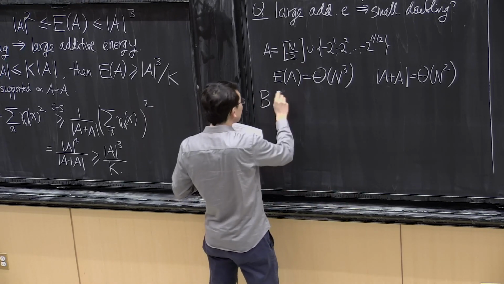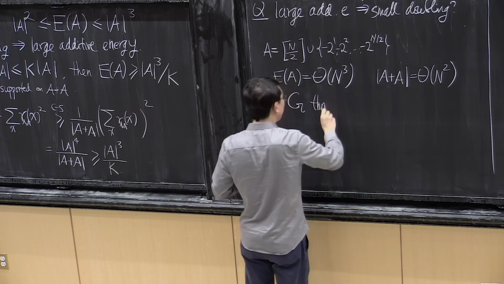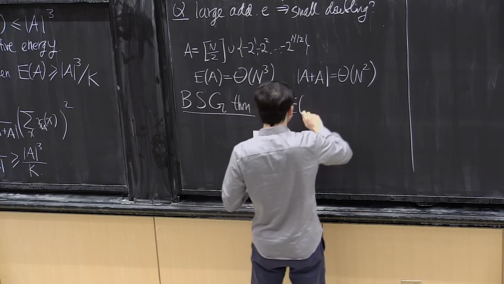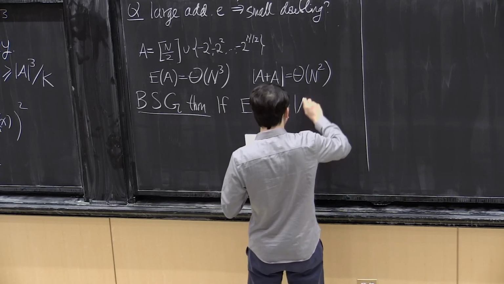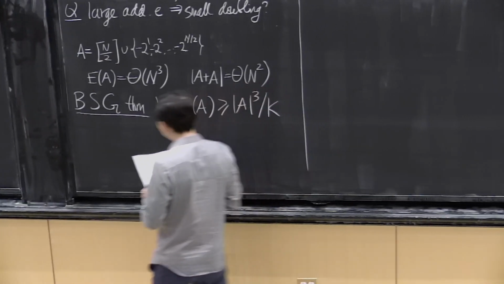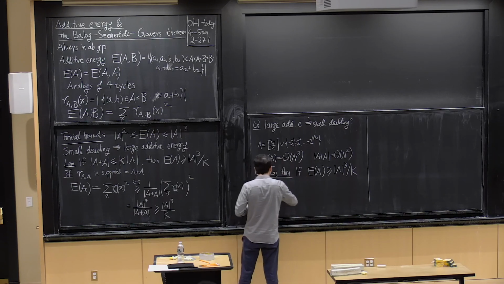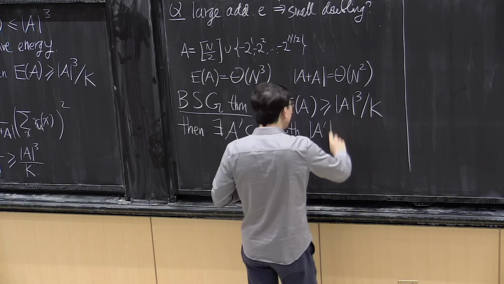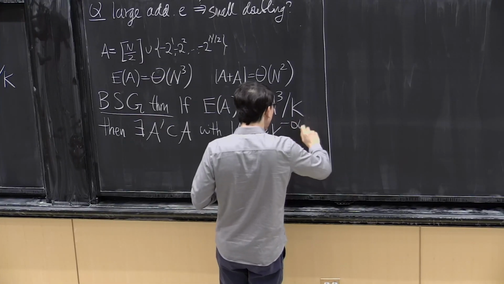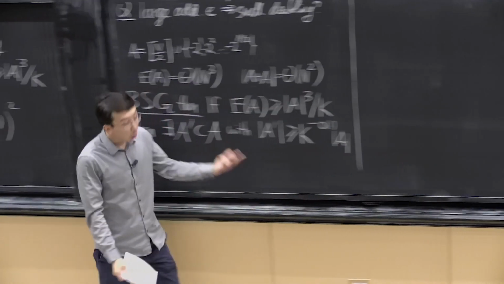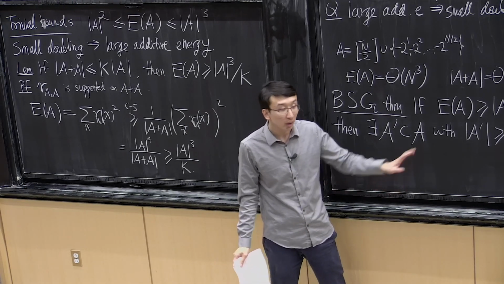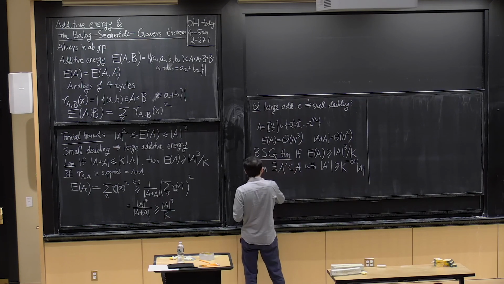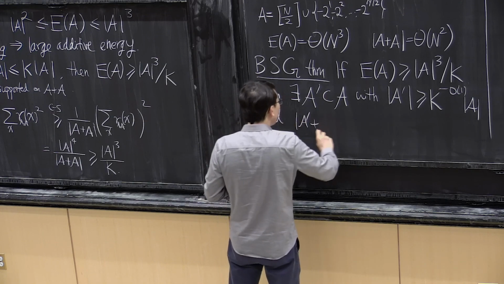So the Balog-Szemerédi-Gowers theorem says that, working always in some arbitrary abelian group, if you have a set with large energy, then there exists some subset A prime of A such that A prime is a fairly large proportion of A. And here, by large, I mean up to polynomial changes in the error parameters. Okay, so this A prime is such that A prime has small doubling.